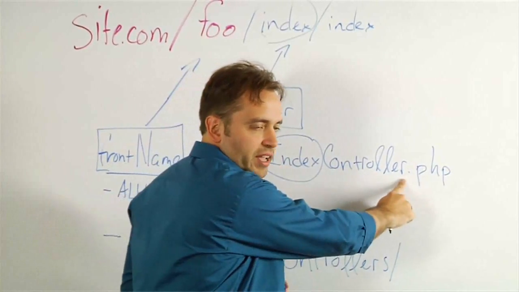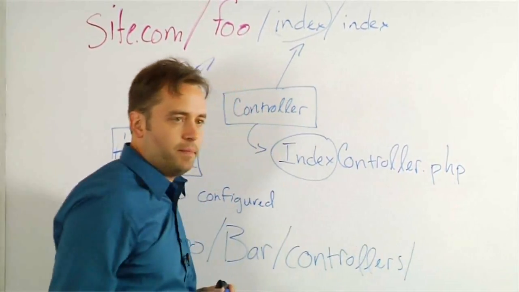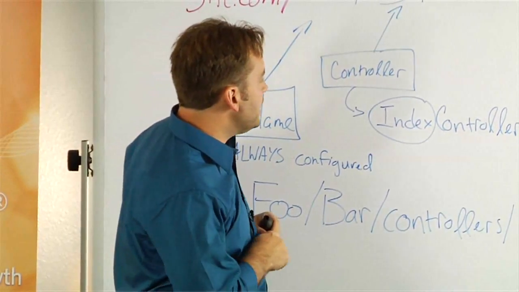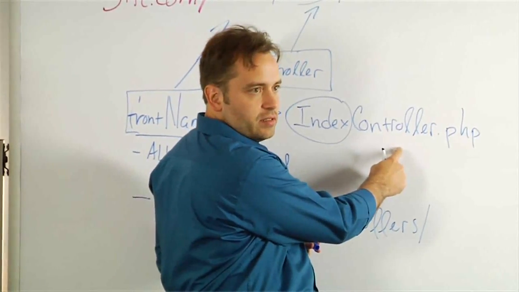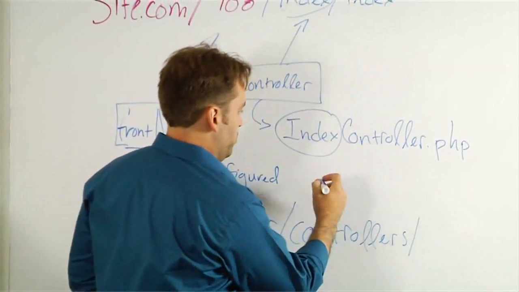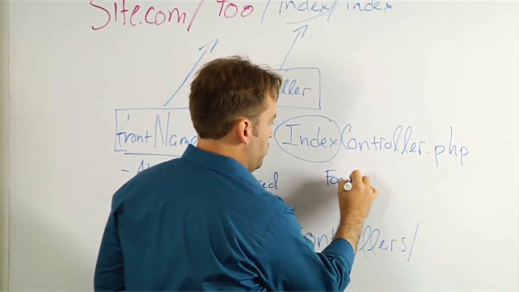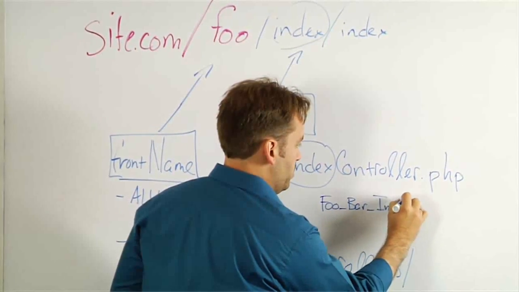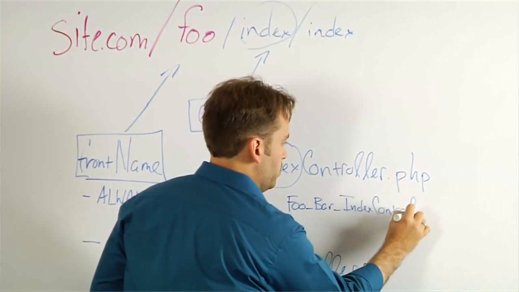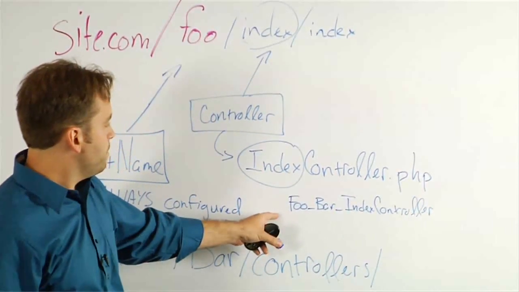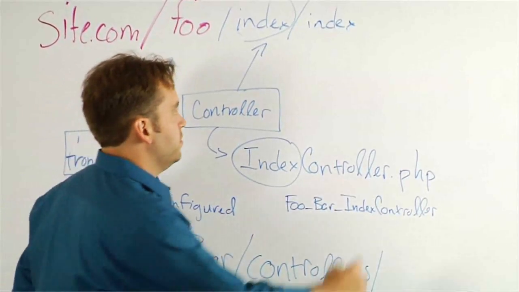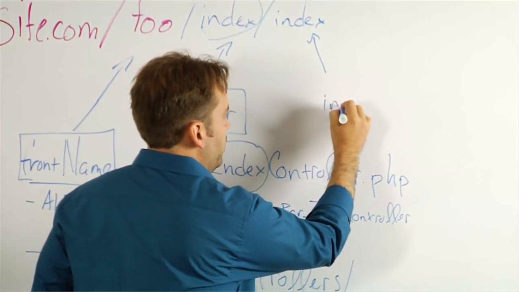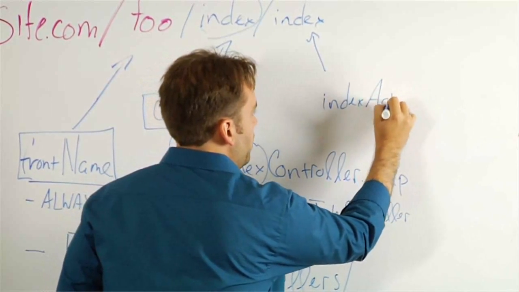And then, when you're making the file, you just append controller.php onto it. Okay? Again, specified in the code. And then internally, inside of this class, and this class would be foo bar index controller, inside of this class is going to be, I hope, an index action.